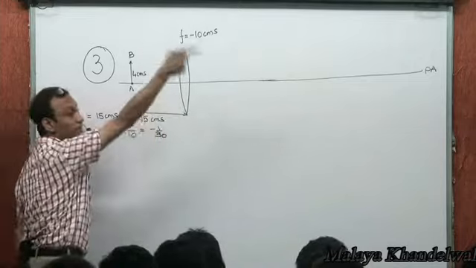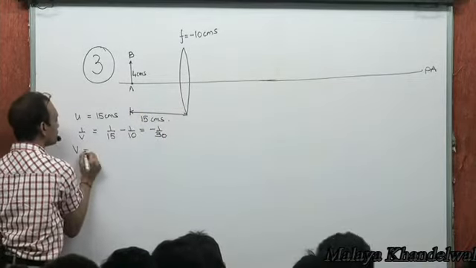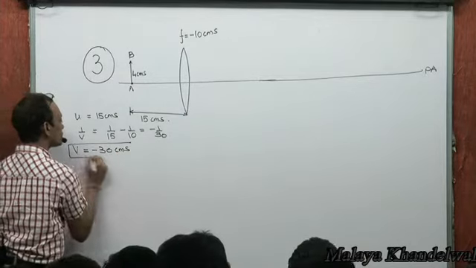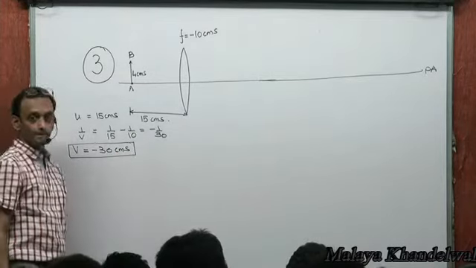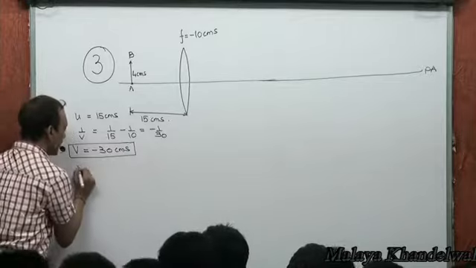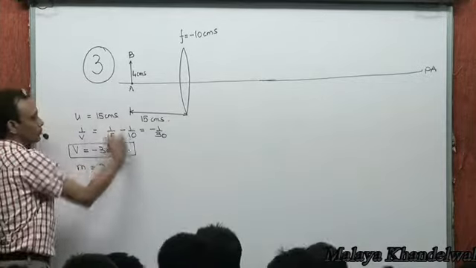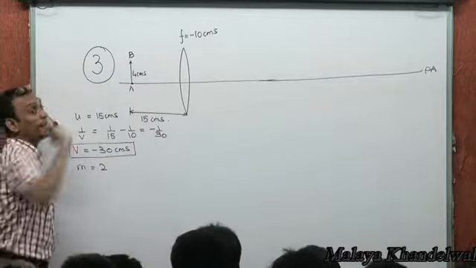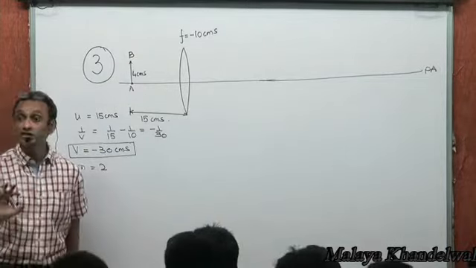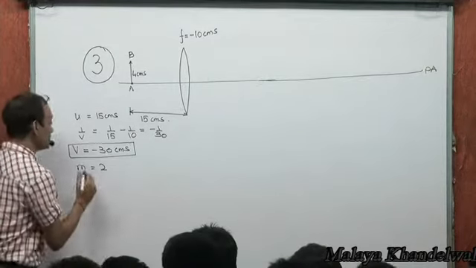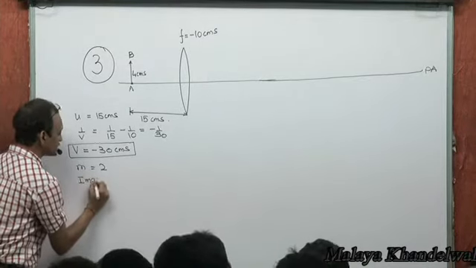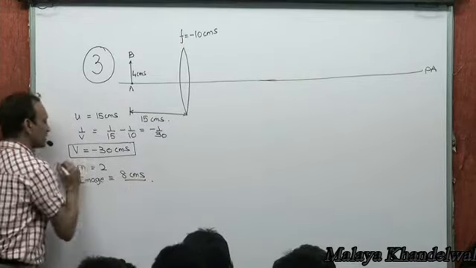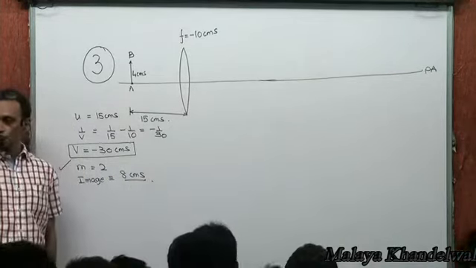That means a real image on that side would have been formed. v equal to minus 30 centimeters. Right? And magnification is 2, 30 by 15. That means size of the image must be 8 centimeters, because magnification is 2 and size of the object is 4 centimeters.